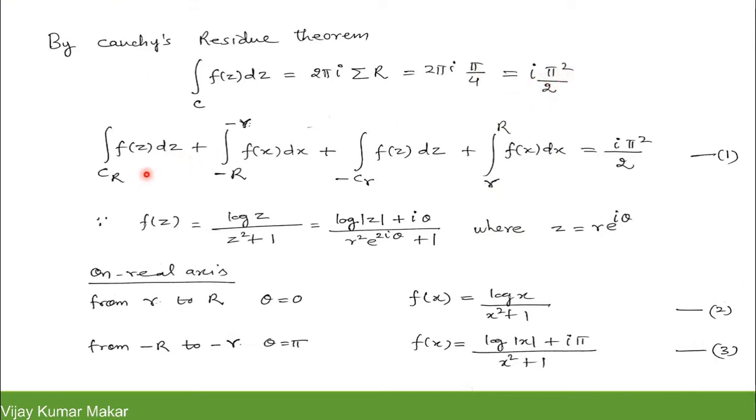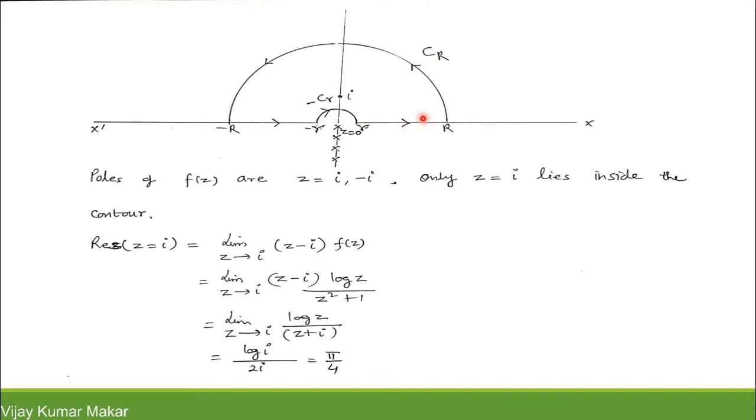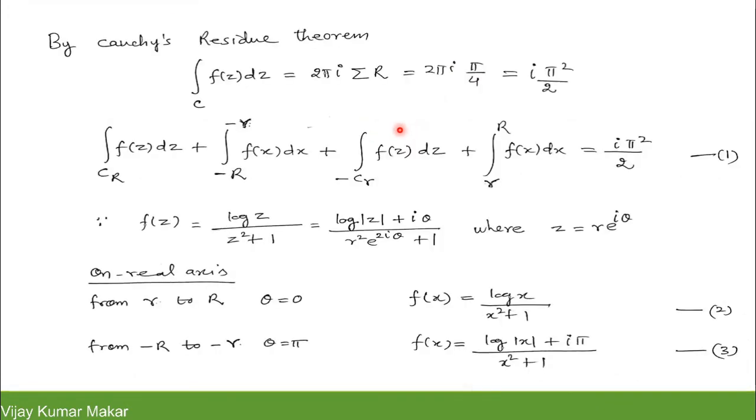Now according to the diagram, first we integrate along CR, then minus R to minus small r, then minus small cr, because this circle is in clockwise direction, and then from small r to capital R. Okay, so we put all these integrations here, and the value on the right hand side is iota pi square by 2.